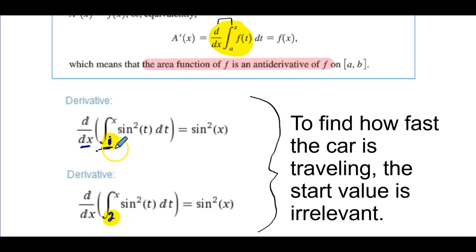Well, this a term, remember you integrate from a to b, doesn't really matter what that a term is because to find how fast a car is traveling, the start value is kind of irrelevant. So this is going to bug students, but I'm not going to really pay much attention to this a value down here.